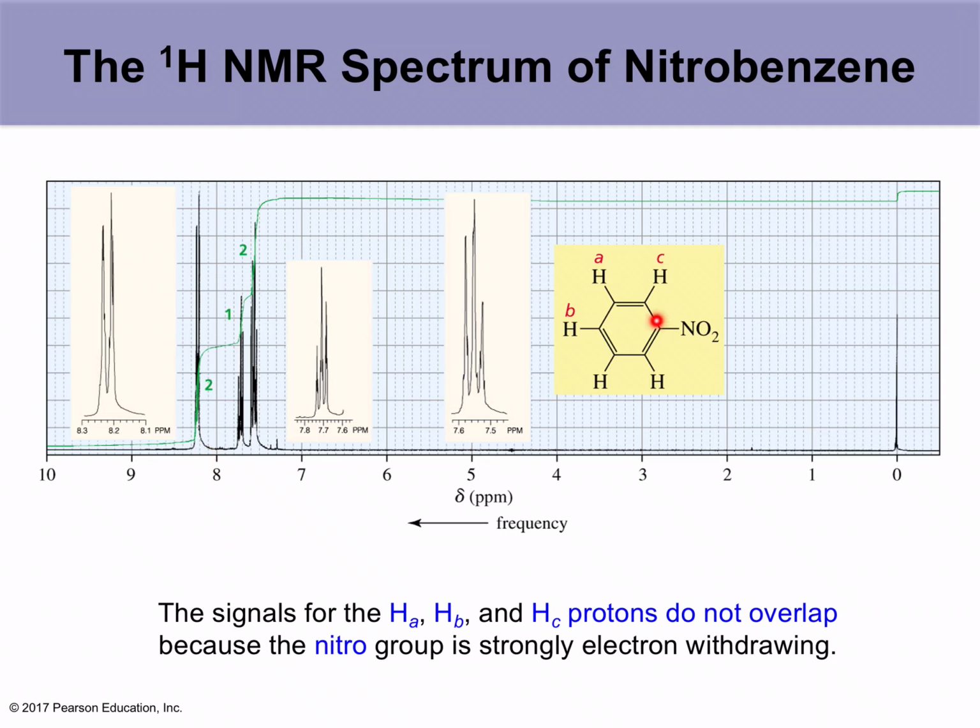Okay, and this can split to a doublet due to the neighboring hydrogen. So you can see a doublet right there, and then this can again be a triplet due to these 2 hydrogens. It's a triplet. Okay, and then these 2 hydrogens can be another triplet due to these 2 hydrogens.